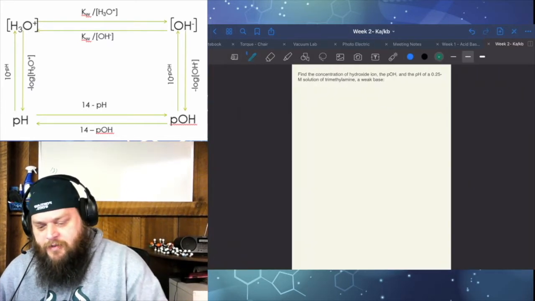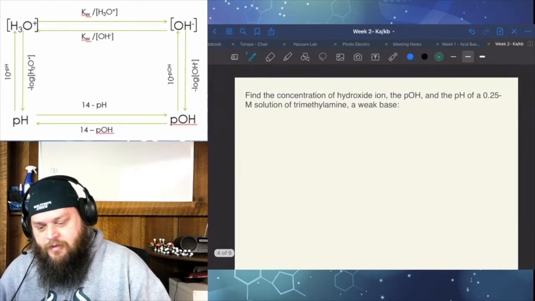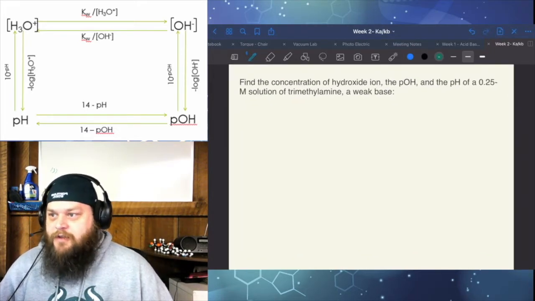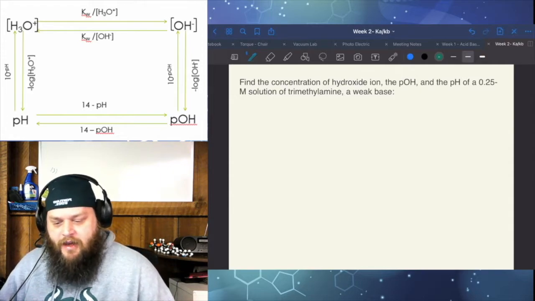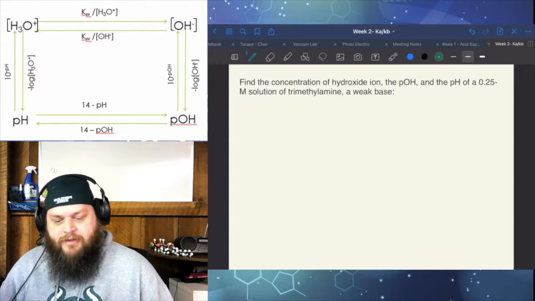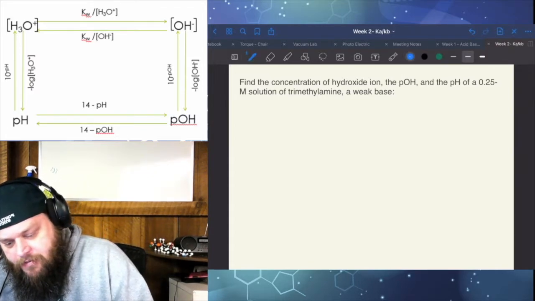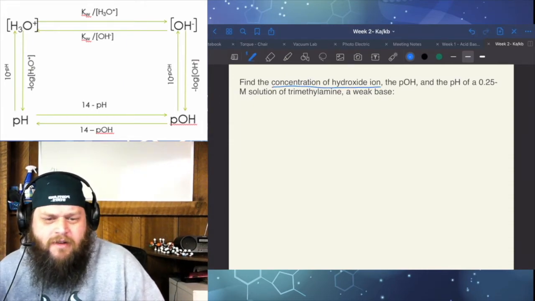So let's try the next one. It's another ICE table in this one. We're going to actually have to use a quadratic equation, which makes it fun. We're going to find the concentration of hydroxide ion, the pOH, and the pH of a 0.25 molar solution. So we need to find 3 things here. The concentration of hydroxide. Which one is hydroxide?